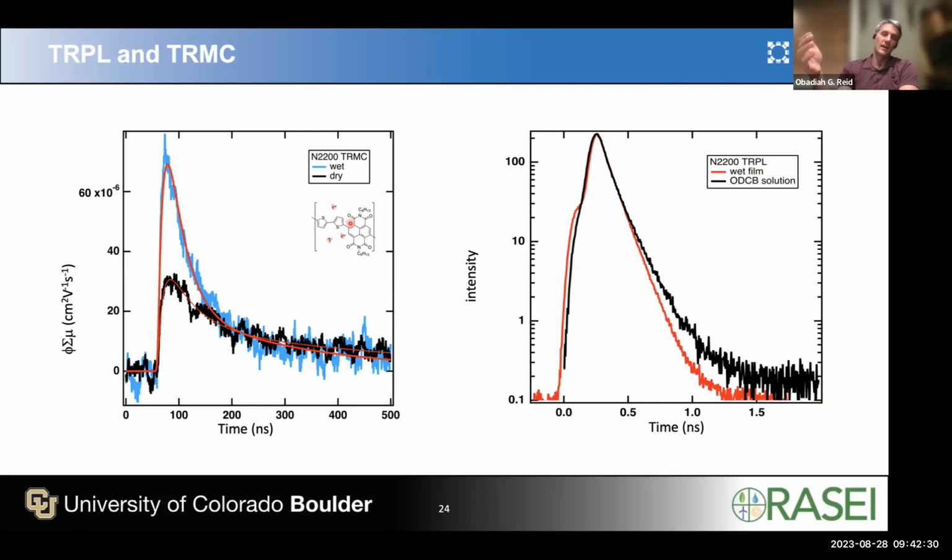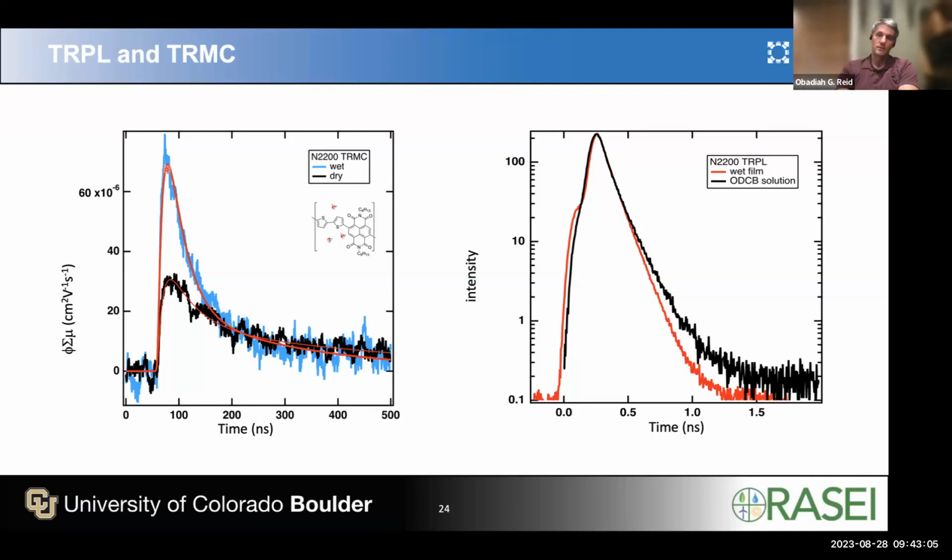The reason for that is primarily the microwave experiment, where you're all familiar with what happens when you put a cup of water in the microwave. It heats up, and so that's a challenge we have doing these photoconductivity measurements. But somewhat to my surprise, when we did this, the photoconductivity actually more or less doubled in the neat N2200 polymer, although the lifetime components in these transients really didn't change.